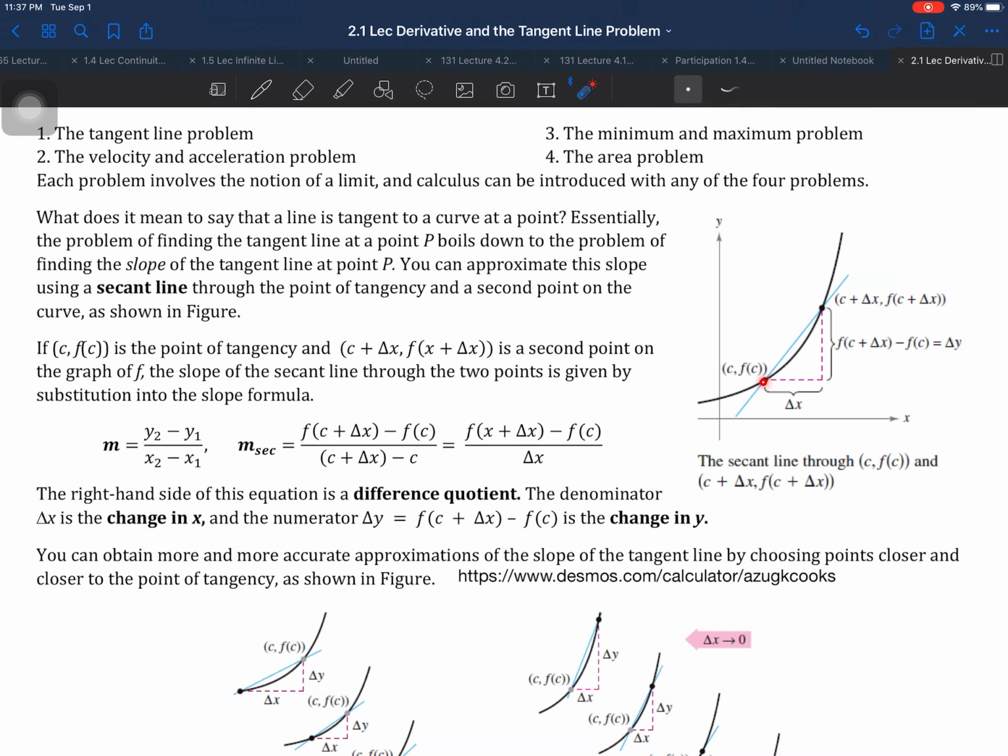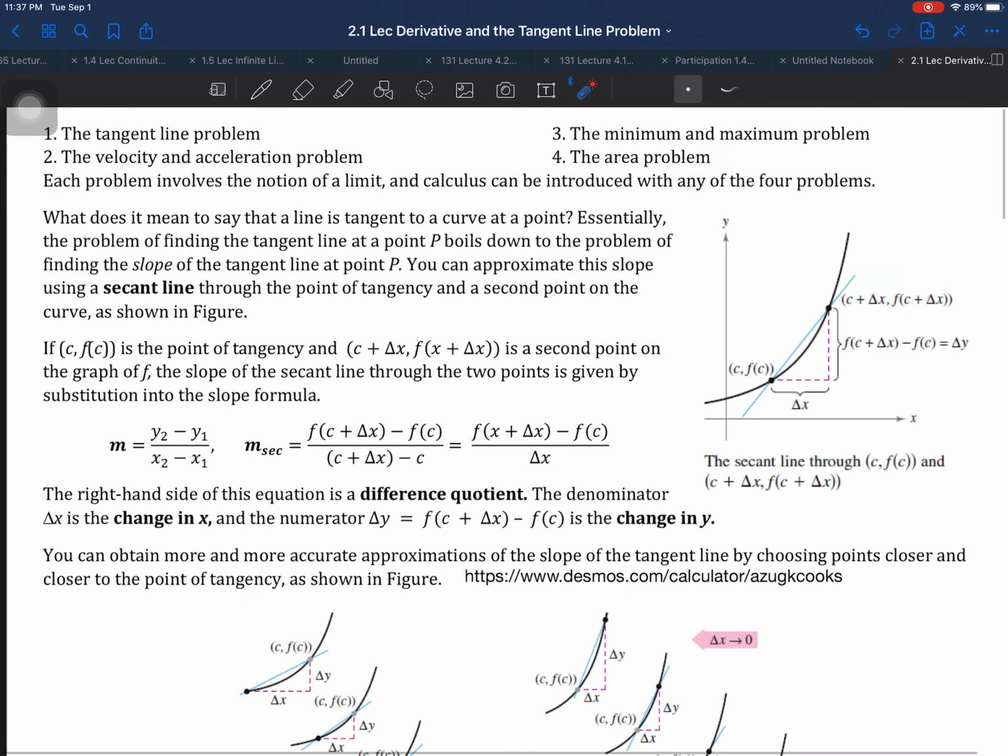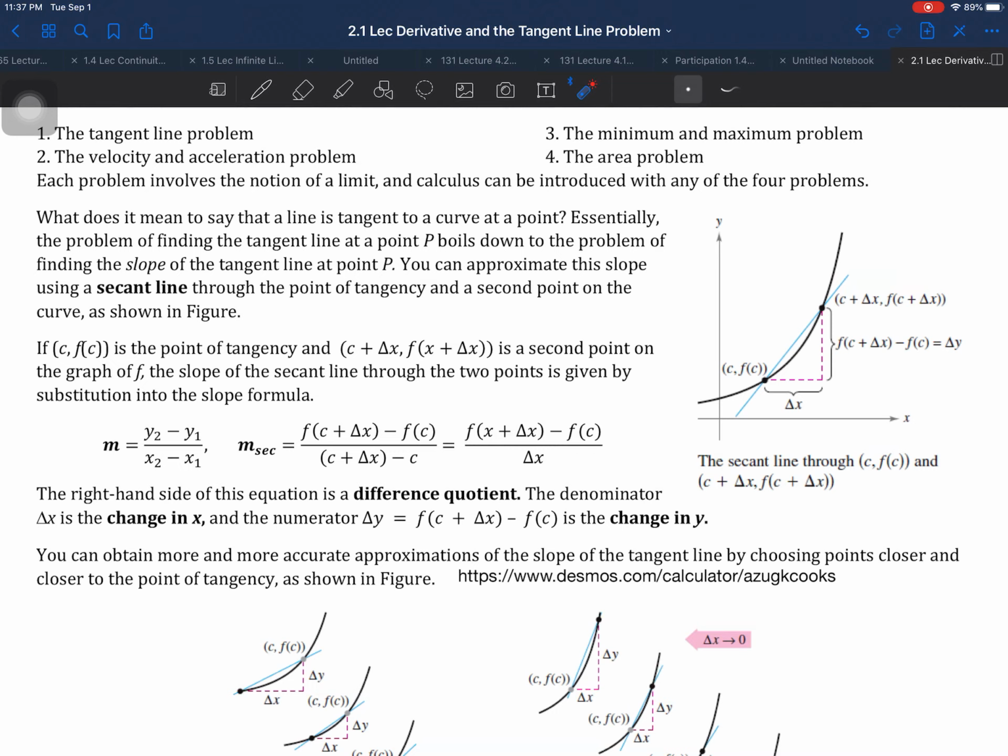How much we're running can be found by the difference in this direction, between the x values, so it's going to be this minus this. Now we can find the slope of a secant line for any 2 points, right? That's what we knew from the beginning.